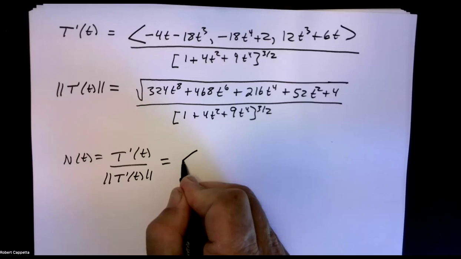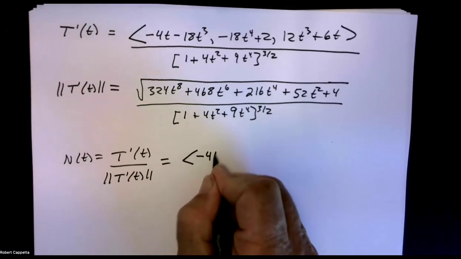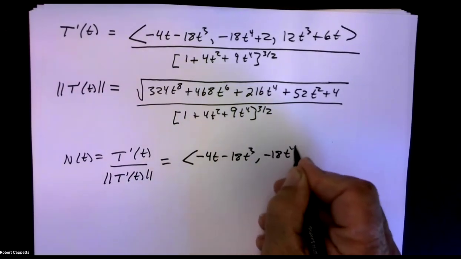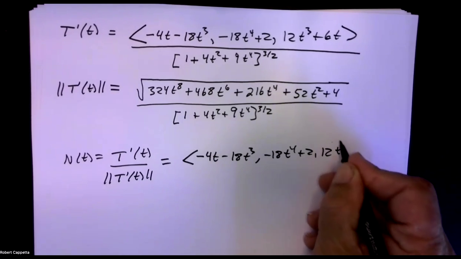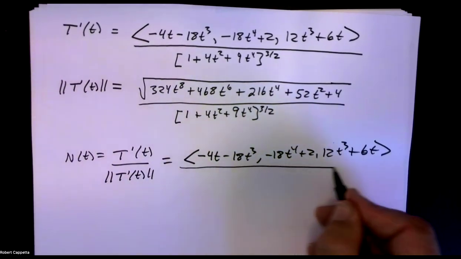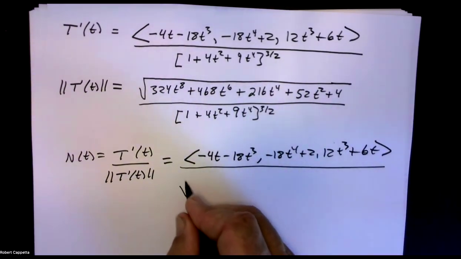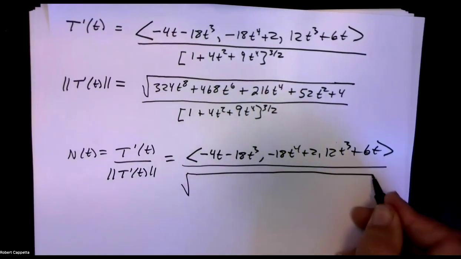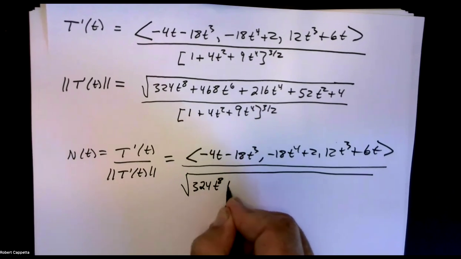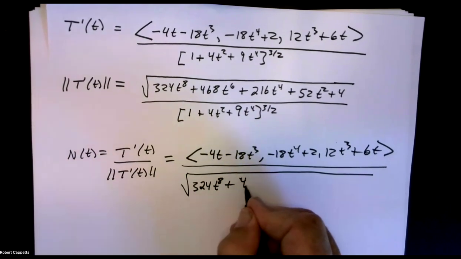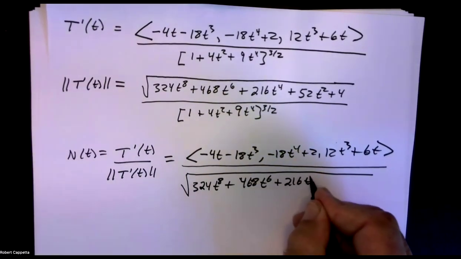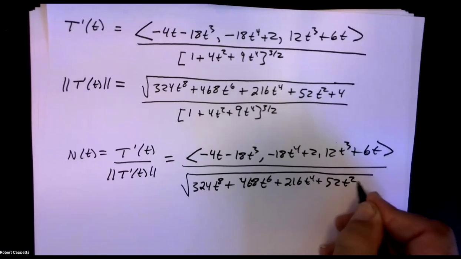So my N of t is simply going to be negative 4t minus 18t cubed, negative 18t to the fourth plus 2, 12t cubed plus 6t over that ugly square root thing on the bottom, which is 324t to the eighth plus 468t to the sixth plus 2/16t to the fourth plus 52t squared plus 4.